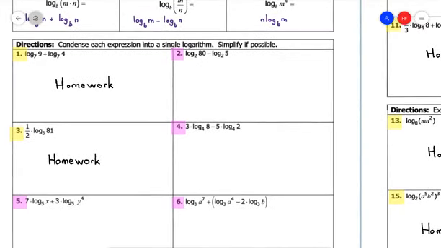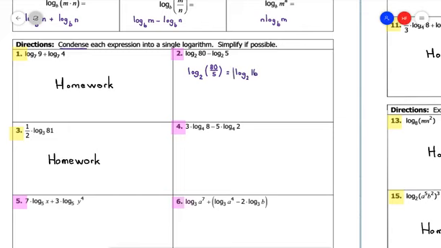So on this part right here, it says condense as our instructions. So we're condensing into a single logarithm. So since we have subtraction, we're going to take those two and divide them. We've got 80 divided by 5, which is 16.